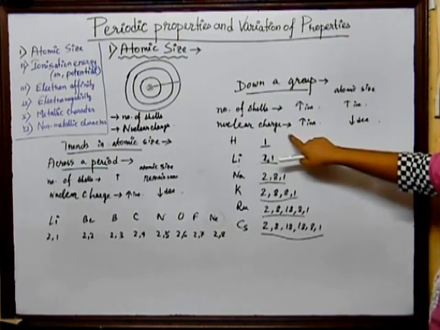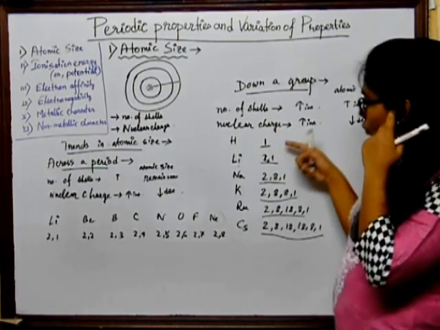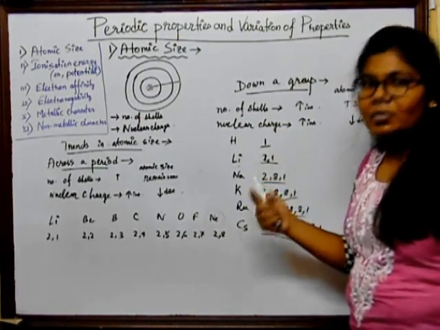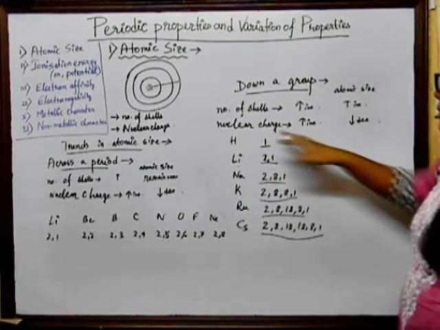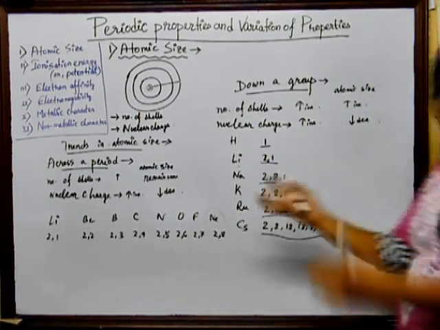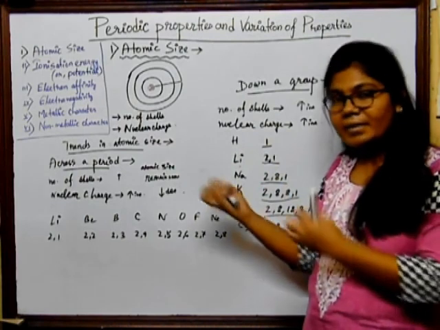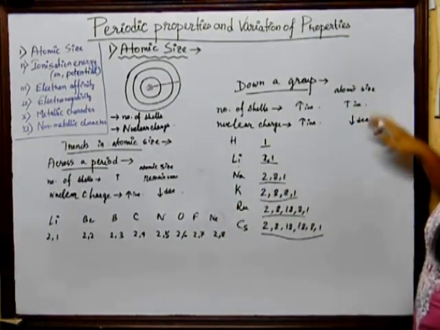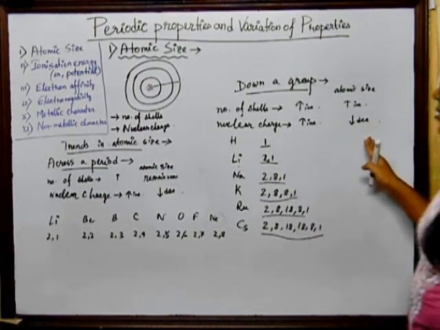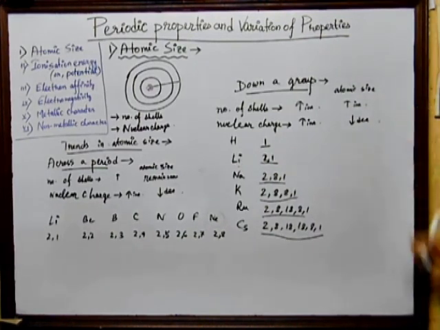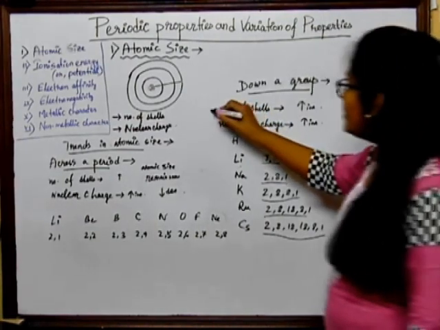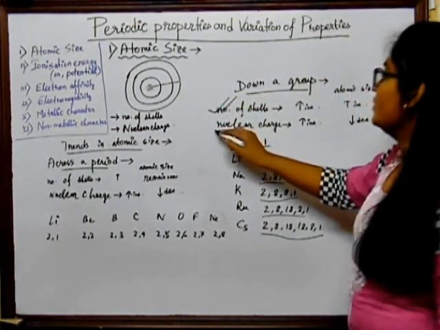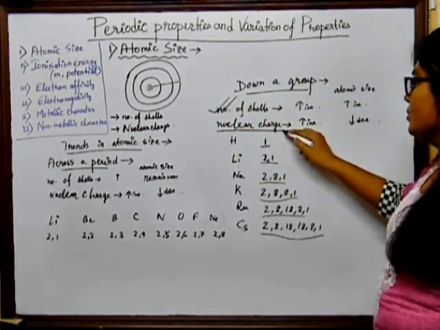In the case of nuclear charge, here the number of protons is also increasing. So the attraction is also increasing. So what will happen to atomic size? The atomic size will decrease. But here is a miracle. Here the number of shells dominates over the nuclear charge.